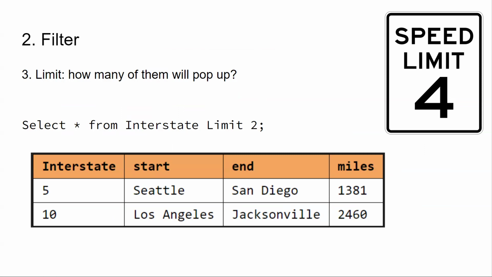By default, they are already arranged by the interstate number, so LIMIT 2 will give the first two, which will be I5 and I10. So by now we have learned three kinds of filtering: one is WHERE, one is ORDER BY, and the third one is LIMIT.